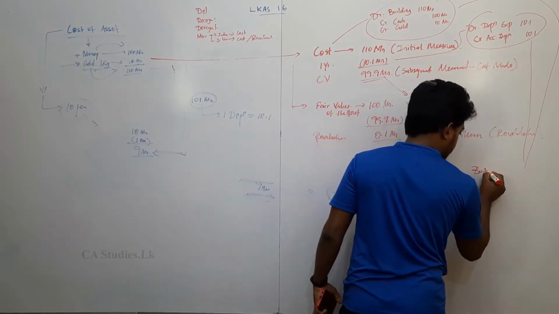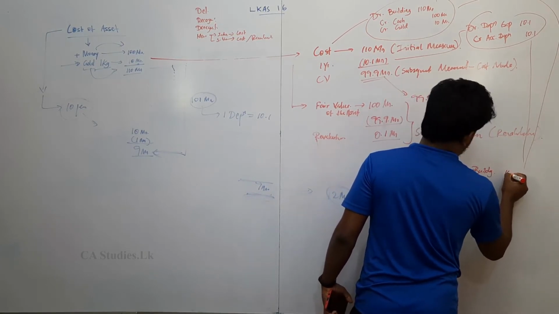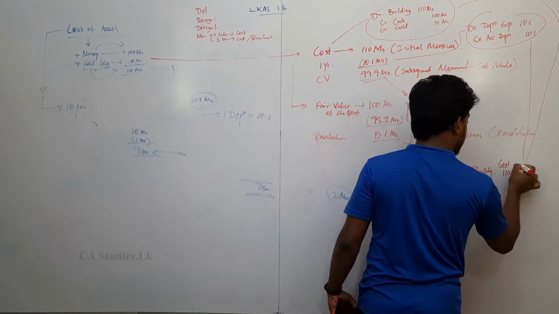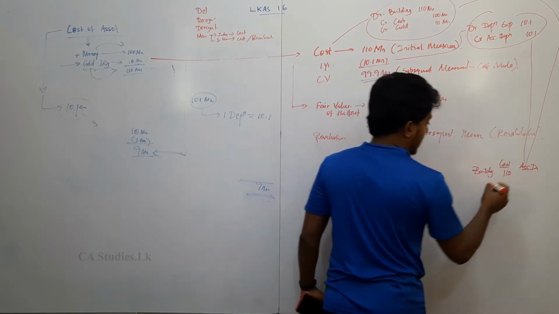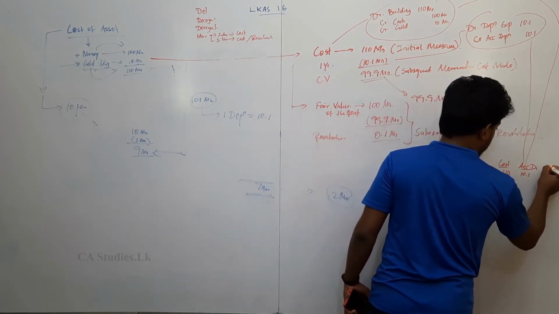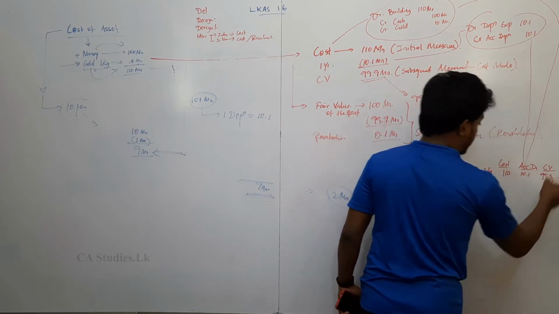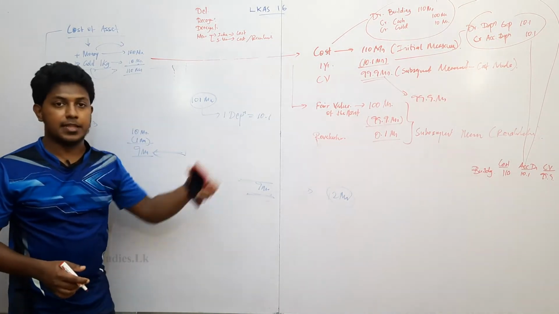Building cost is 110 million, right? Accumulated depreciation is 10.1 million. So the carrying value is 99.9 million. We have to charge just 0.1 million extra there.